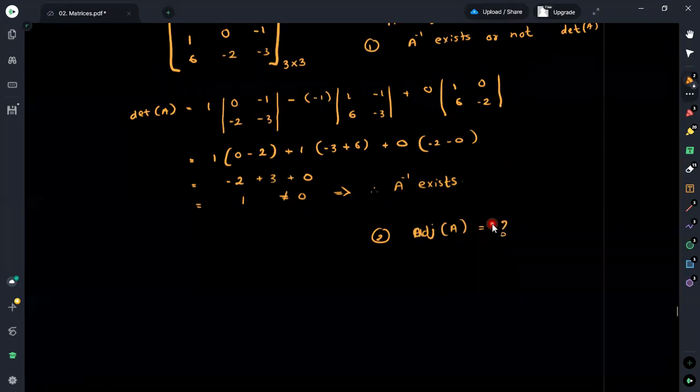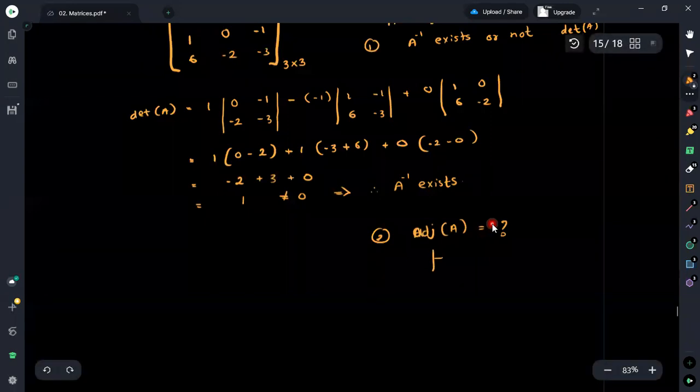Therefore, to obtain the adjoint, first we have to obtain the minors. Then accordingly we have to obtain the cofactors, and thereafter we have to take the transpose of the matrix which includes the cofactors.